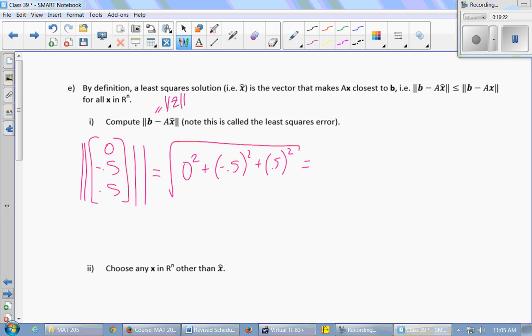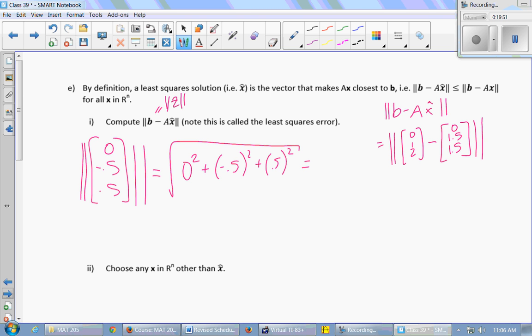We could also just write it out, right? So this says I want the length of B minus AX hat. B is 0, 1, 2. AX hat was, somebody have it in front of them? 0, 1.5, 1.5. So that's the length of the vector I want.